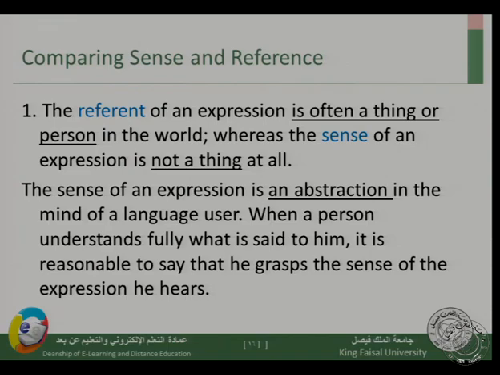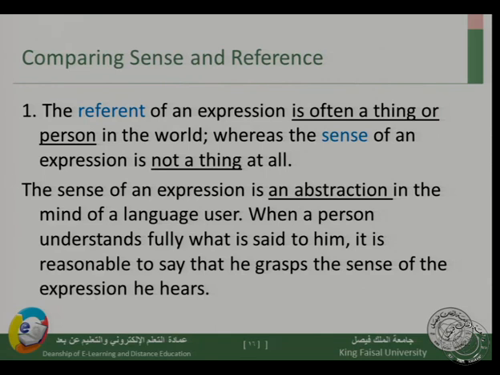So when a person understands fully what is said to him, if I'm now talking to you and you understand what I'm saying, we can say that you grasp the sense of the expressions you hear.